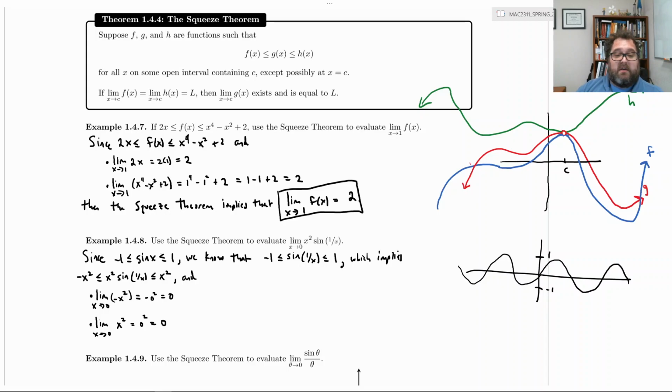Thus, the squeeze theorem. Since negative 1 is less than or equal to sine x is less than or equal to 1, we know that negative 1 is less than or equal to sine 1 over x, less than or equal to 1, which implies that negative x squared is less than or equal to x squared sine 1 over x, less than or equal to positive x squared. And these two limits are equal to 0.